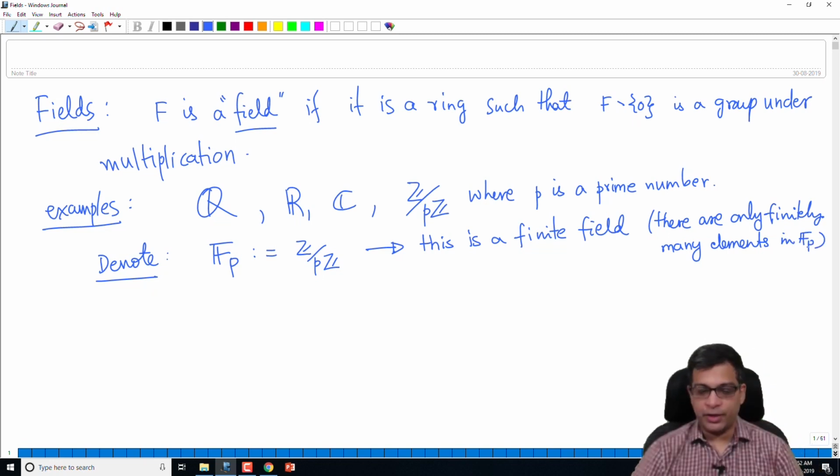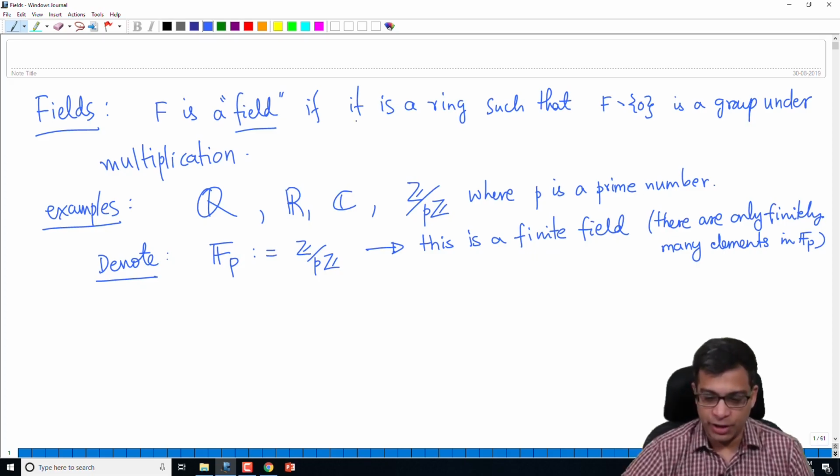We call it a finite field because of that. Q, R and C, the field of rational numbers, the field of real numbers, the field of complex numbers, are not finite fields because certainly they have infinitely many elements.